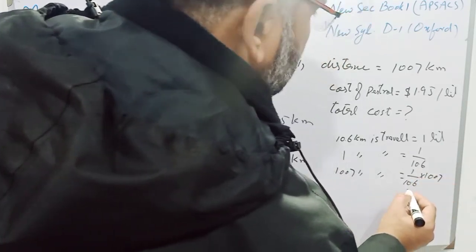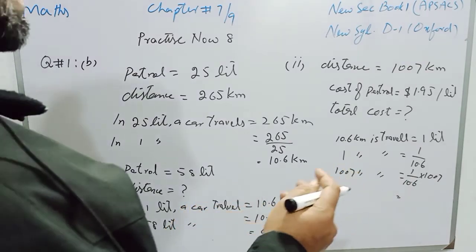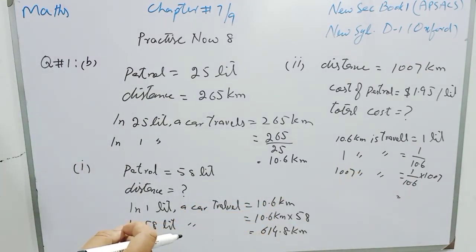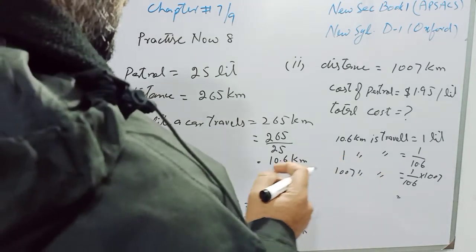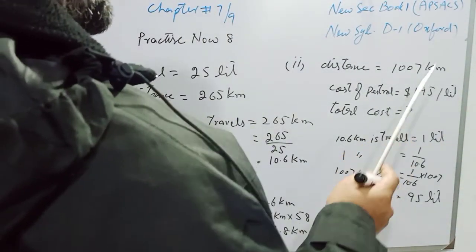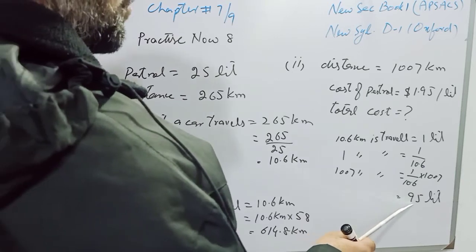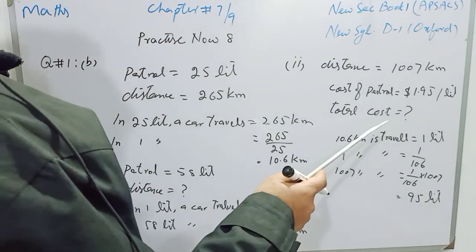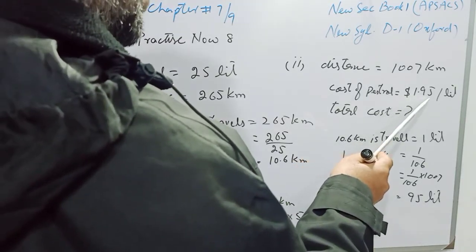Now students, we will find the amount of liters. How many liters are there? So students, 1007 divided by 10.6 and the number of liters is 95. So students, for 1007 kilometers, the petrol that is required is 95 liters and the price of 1 liter is $1.95.